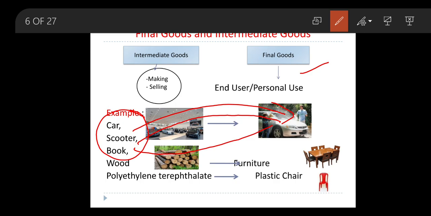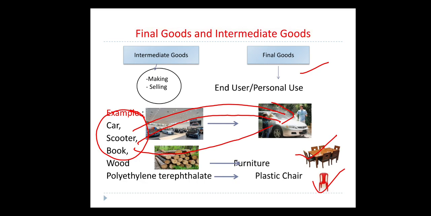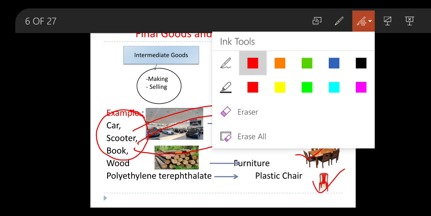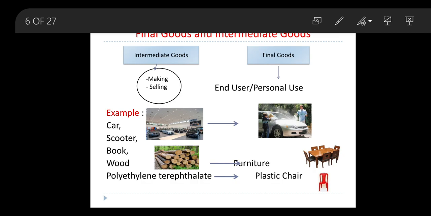And these goods are ready to be used by the final users. And goods like furniture, plastic chairs are also your final goods because these are now ready to be used by their final users. Got it? I hope you're clear about it.